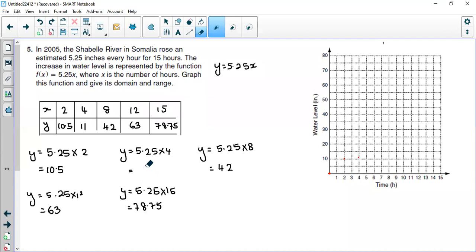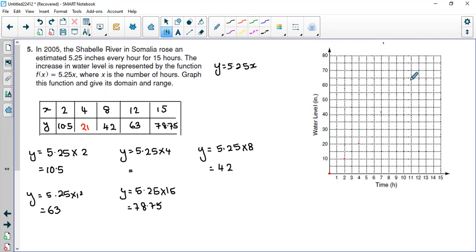It's 5.25 multiplied by 4 is 21. Why did I write 11? It's 21. So which means 21 is here, very slightly above 20, almost at 20, a little bit above. And then for 8, it's 42, so this is 40, a bit above is 42.